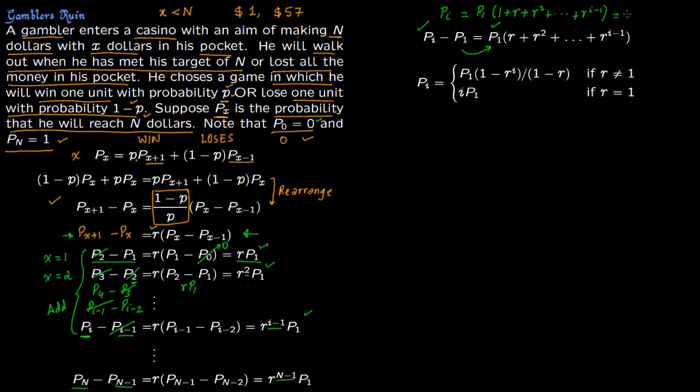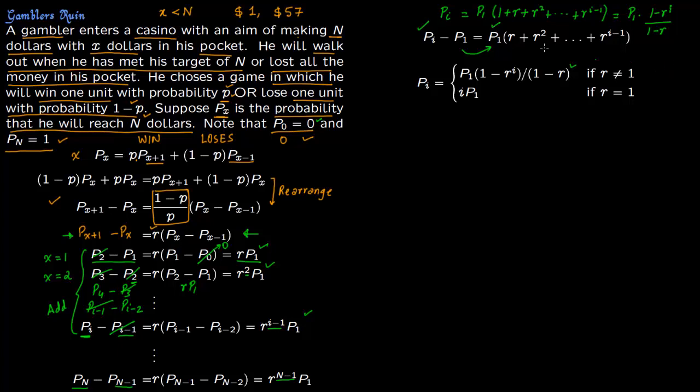This is a nice geometric series. You sum it up, you get P1 times (1 minus r to the power of i) divided by (1 minus r). And that is precisely what we have written here.